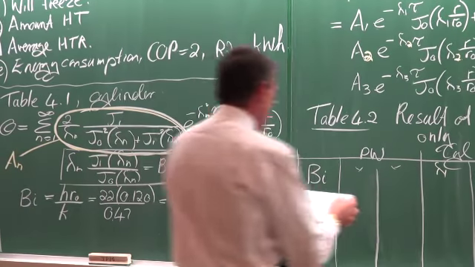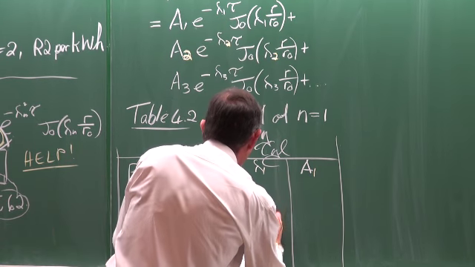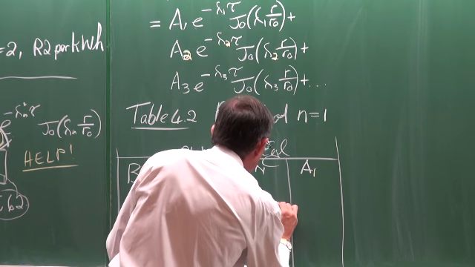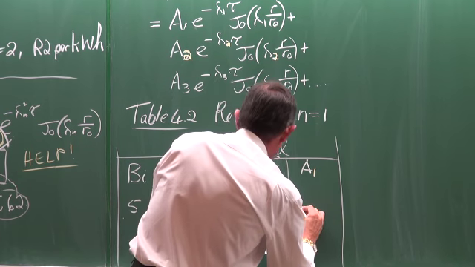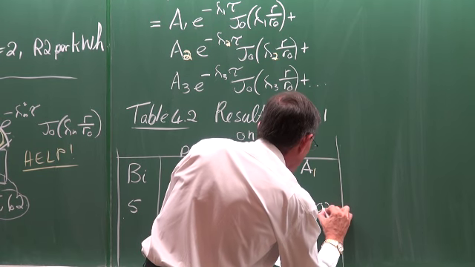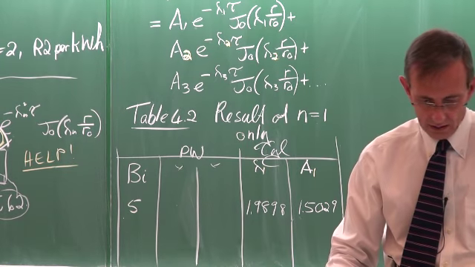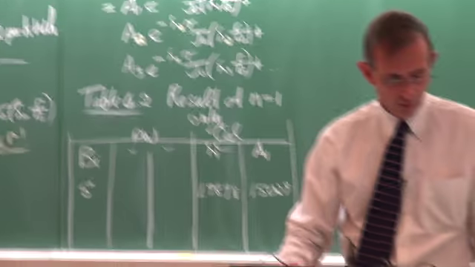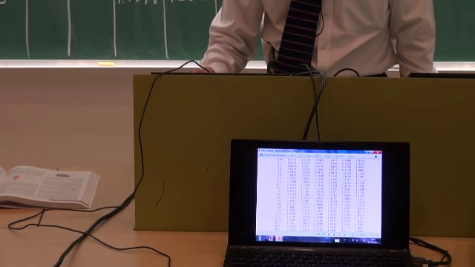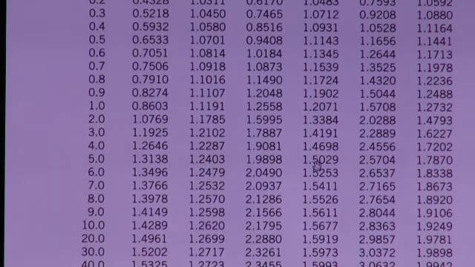So at 5, lambda 1 is equal to 1.9898 and A1 is equal to 1.5029. You can try to check that for me. So those two values for the Biot number of 5, 1.9898 and 1.5029. You agree?